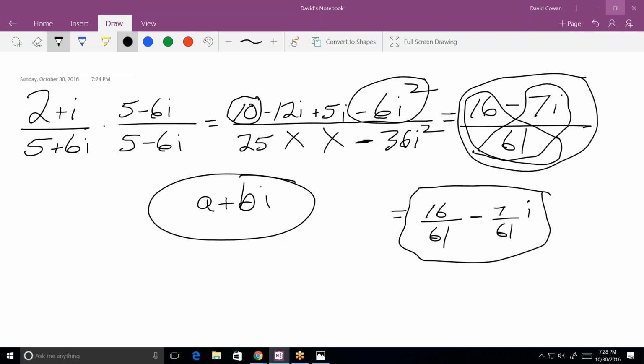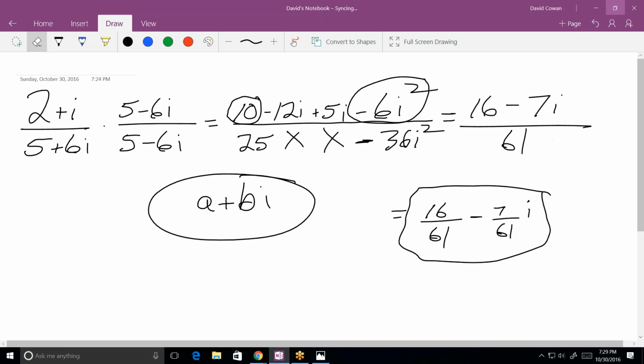Whether your teacher needs you to take it all the way to this step or not, I don't know. I don't think so, but I think we're going to get into that pretty soon. You're always looking at answers that look like this, up here on the right. This is always what you produce when you have a division problem.